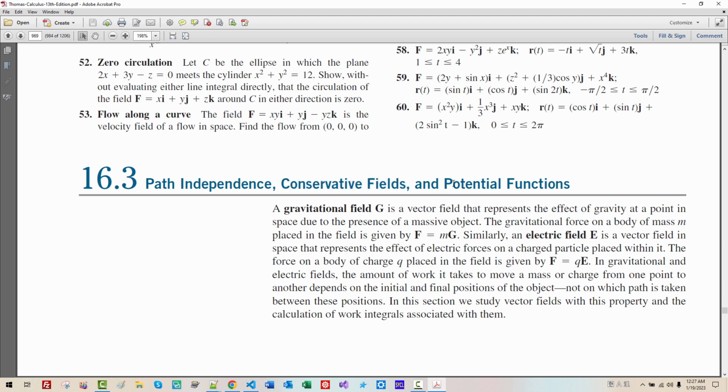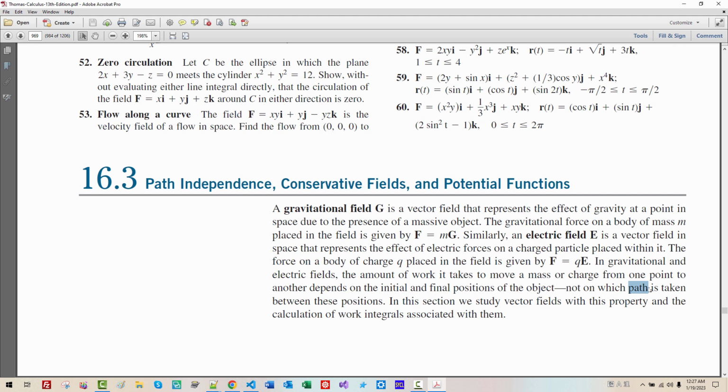What the heck is a potential function? What is a potential function? What are conservative fields? Conservative fields in this case are the gravitational field G or electric field E. These are path independent.